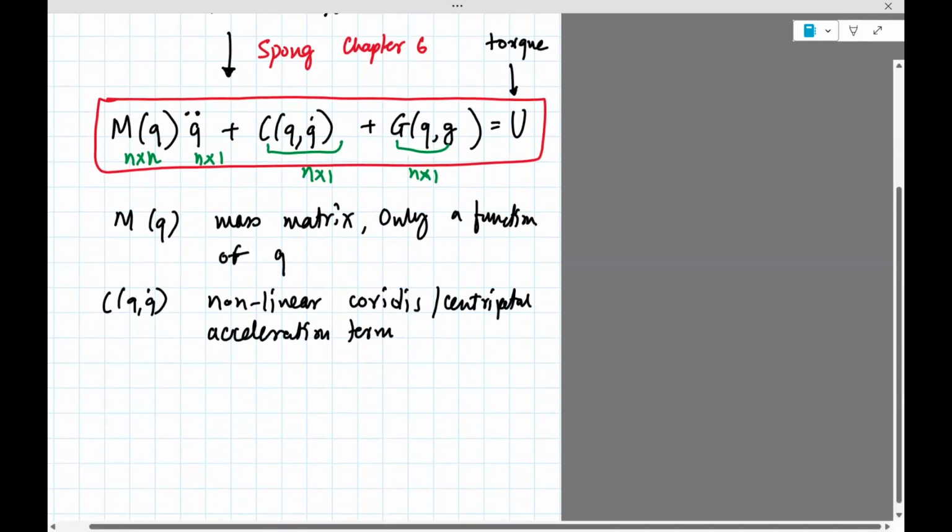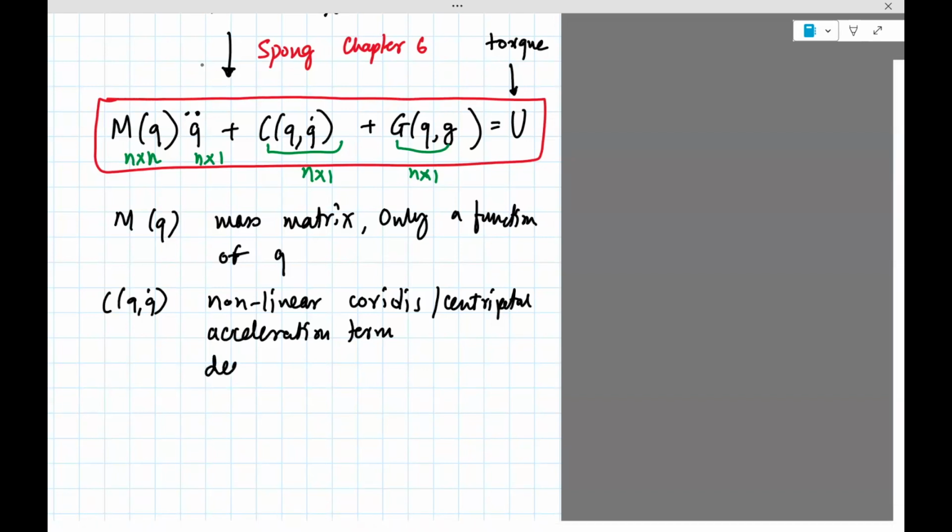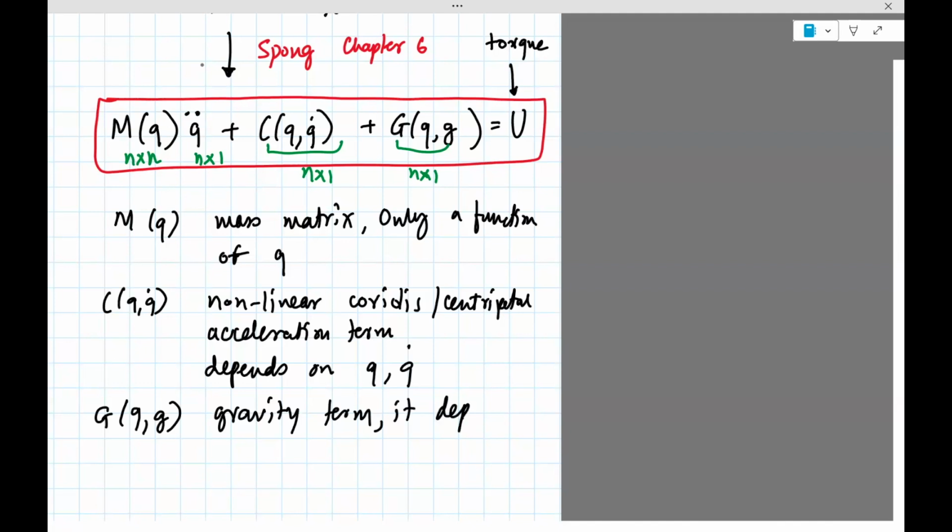Okay, it depends on both q as well as q dot. And then G(q) is the gravity term, and it depends on gravity and q.